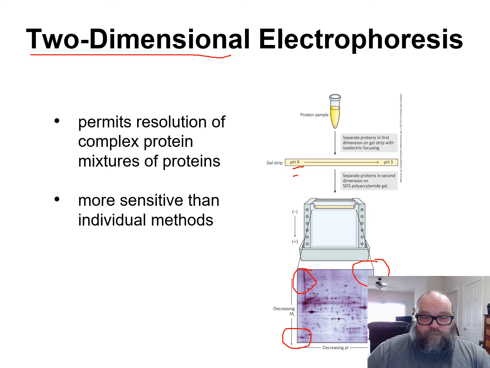Over here, large proteins, their isoelectric point is going to be down towards the pH 3 range. Down over here, same thing, small proteins. And then you see each of these dots is a different protein.